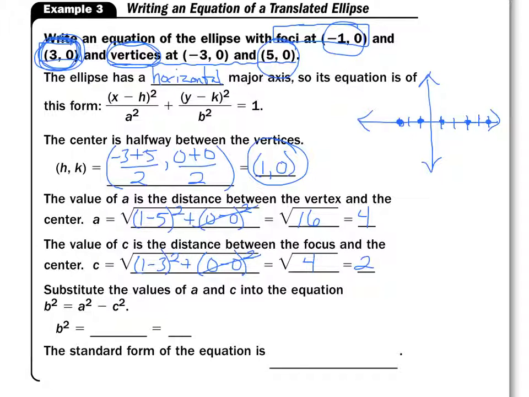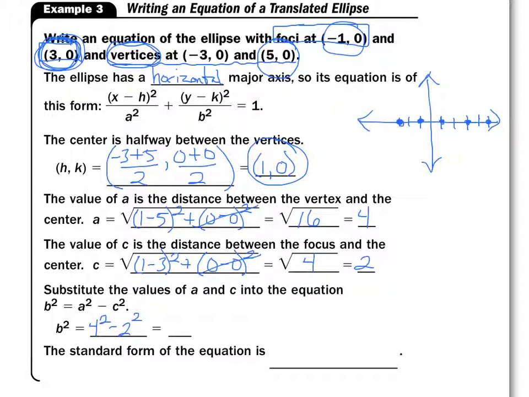Substitute in the values to figure out the value of b, because for an ellipse, b squared equals a squared minus c squared. So I take my a squared, which is 4 squared, so that's going to give me 16, minus 2 squared, which is going to give me 4.